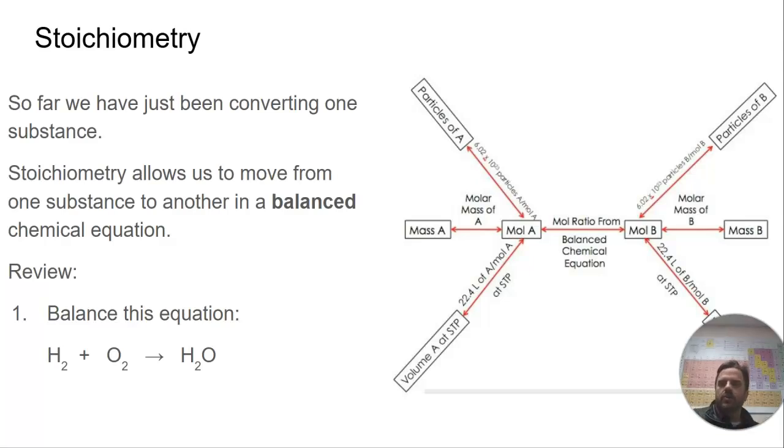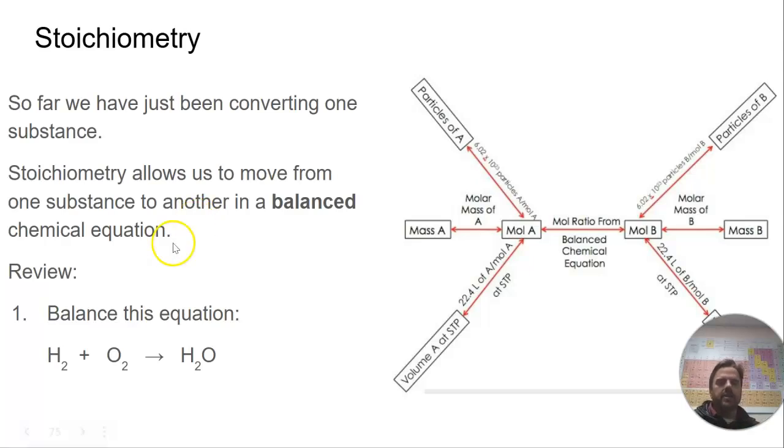So the key is, when it comes to stoichiometry, we're going from the ratio of one substance to the other in order to figure out, if I use this much bread, how many sandwiches can I make? Once we make that transition to going from one substance to the other, according to the balanced chemical equation, then we can really call this stoichiometry.